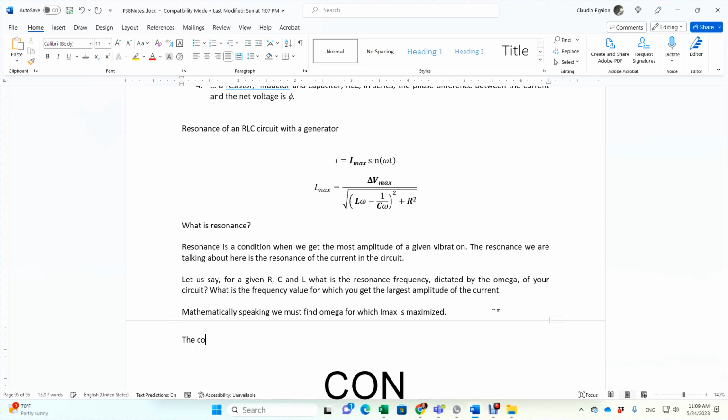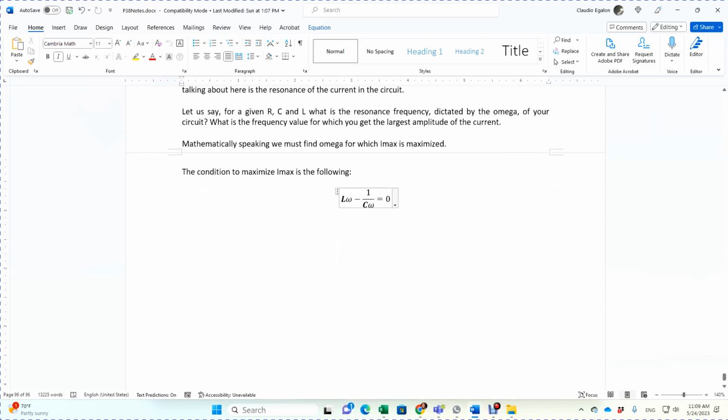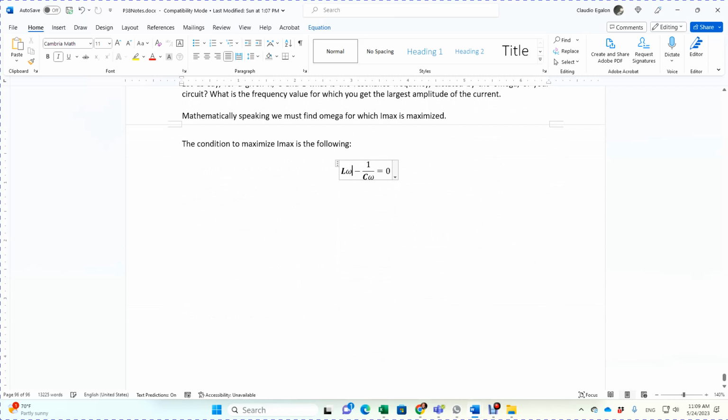The condition to maximize Imax is the following: this term equal to 0. And then this frequency here I'm going to call the resonance frequency. Under this condition, omega becomes the resonance frequency of my circuit.